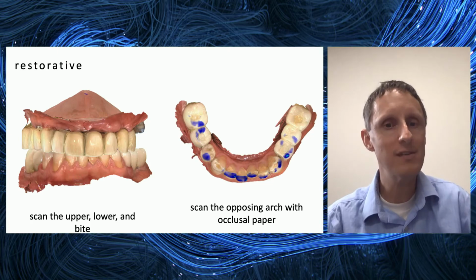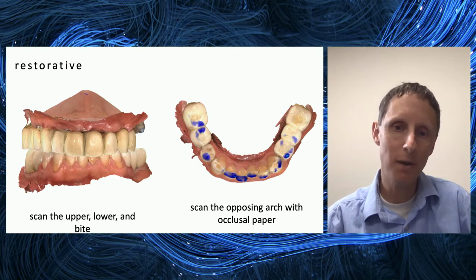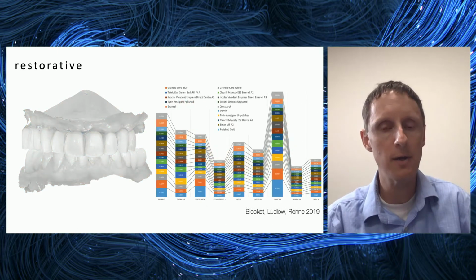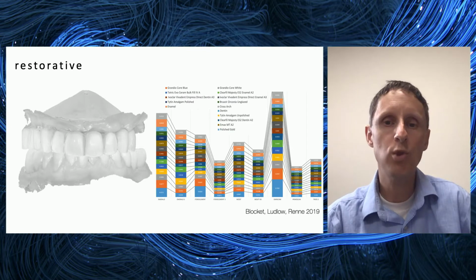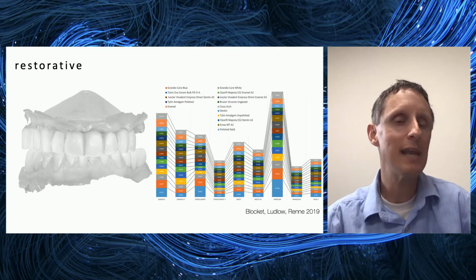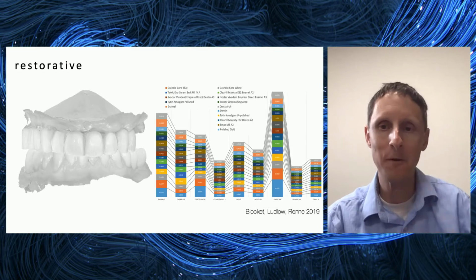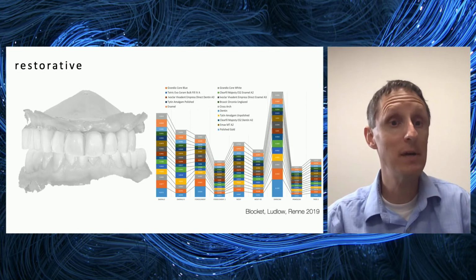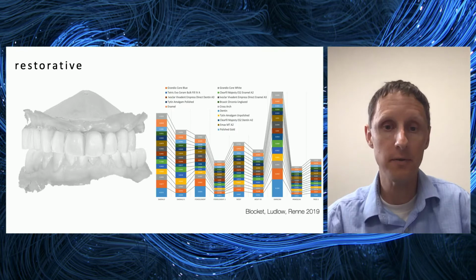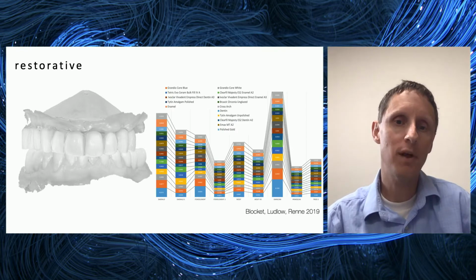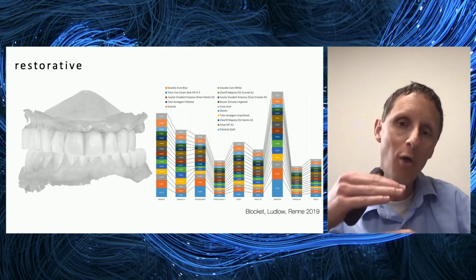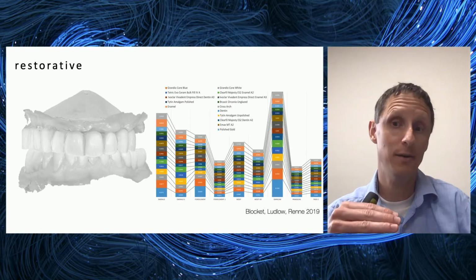And we start off with these scans this way because if you look at our paper from 2019 in JERD, what you see is this. We were looking at cross-arch accuracy and accuracy of scanning with a bunch of different scanners and a bunch of different restorative materials. And when you look at these box plots, what you basically want is the smaller the things are, the more accurate things are.